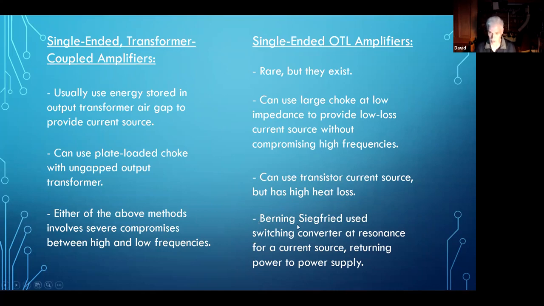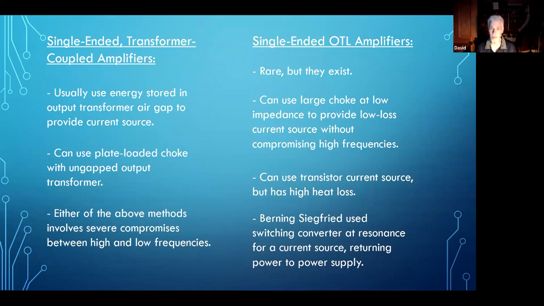And then I used my Siegfried amplifier, which came out in the year 2000. I used a very interesting scheme to get the current source. I used a switching power converter operated at resonance for a current source, which returned the unused power to the power supply.